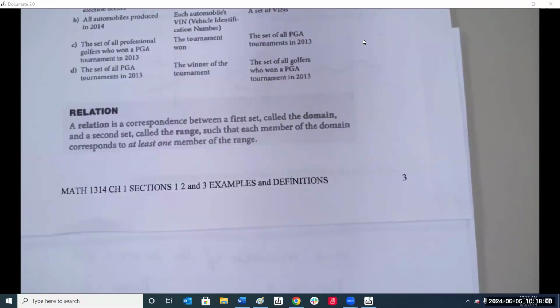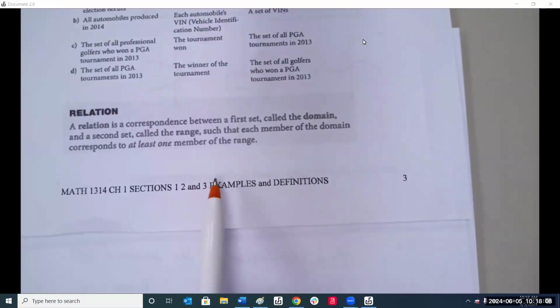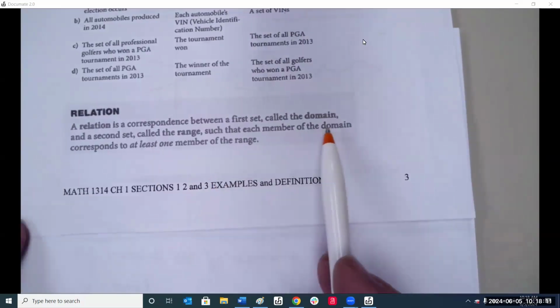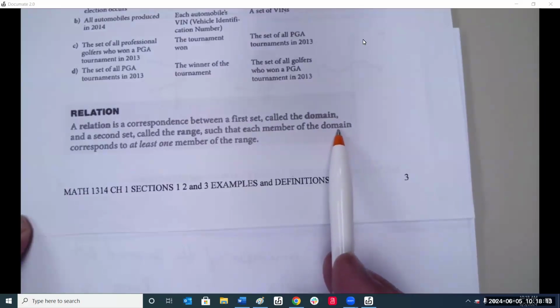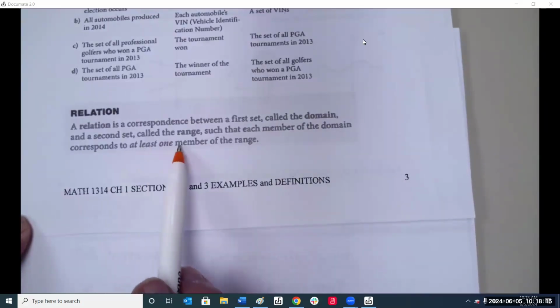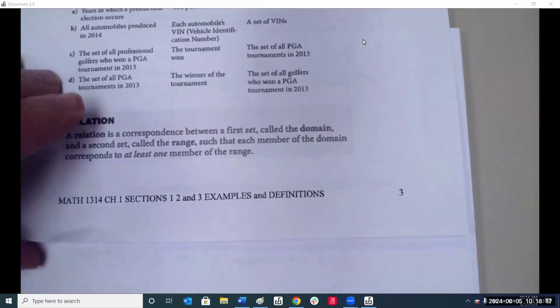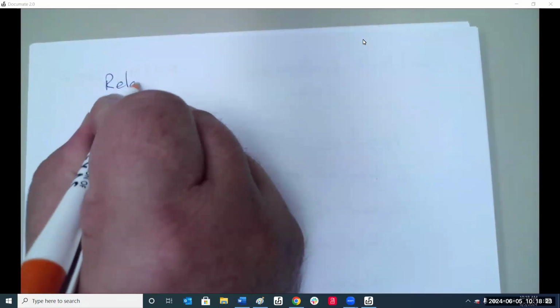What's the difference between that and a function? One-to-one. Right, because here, each member in the X value, the domain, corresponds to at least one person. So a relation.